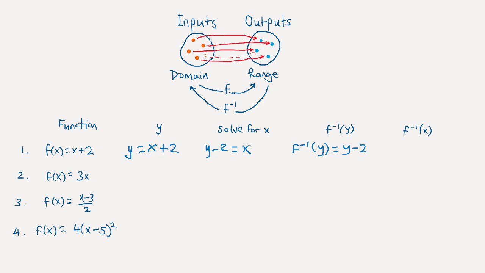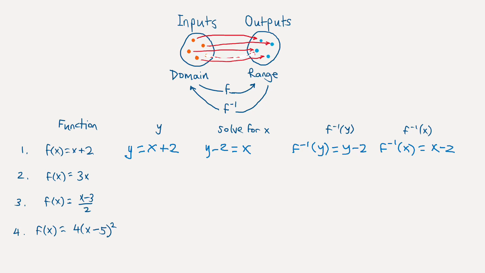One final step is, instead of having y as the argument of the function, it's nice to have x as the argument. So all we do is switch y and x, and then we can express the inverse function using x as the argument instead.